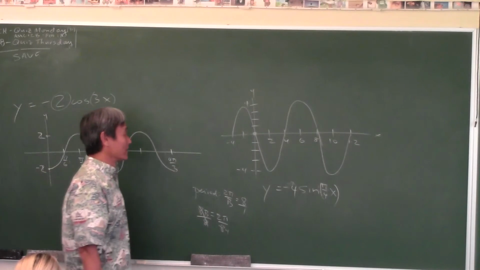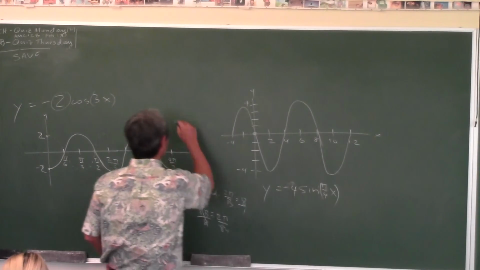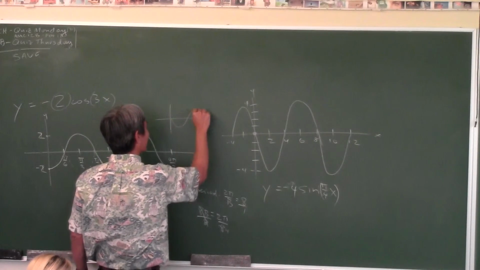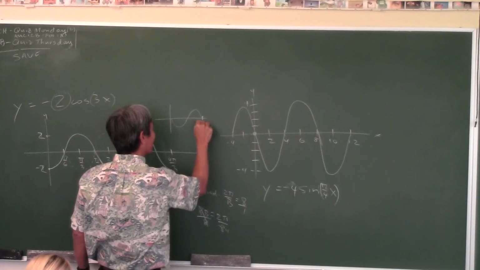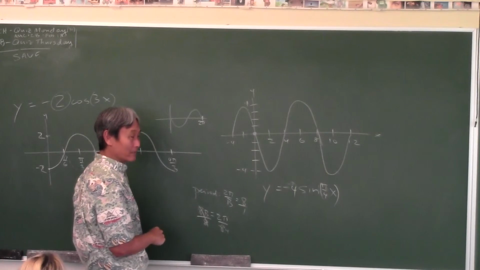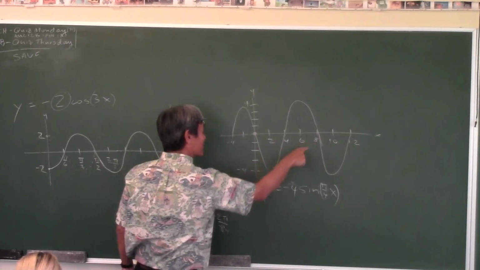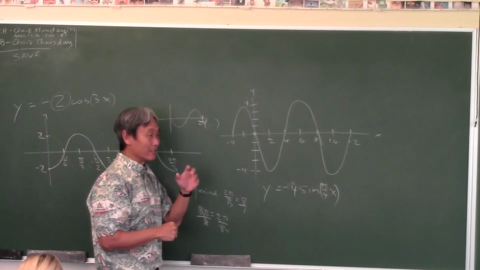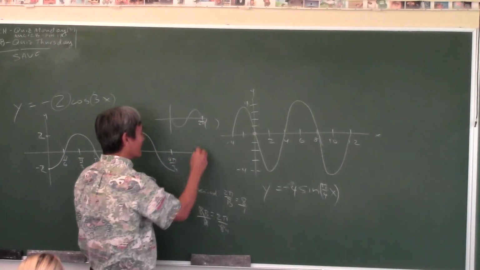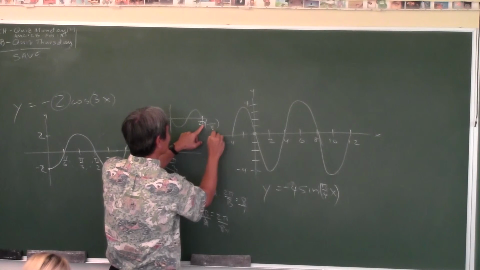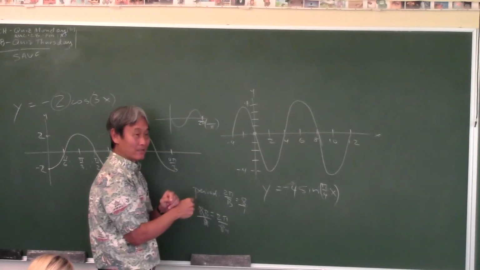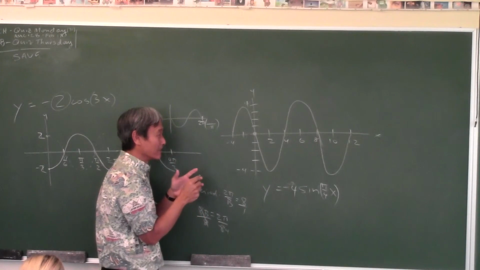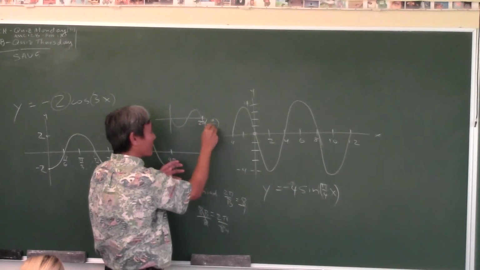Now, that's one way to do it. The other way to do it is, now, if this were a normal sine graph or a negative sine graph, let's do it this way. Normally, this would be 2 pi, right? Over there, right? But it's 8. So you got to figure out, what do I need to multiply that by to get 8? Well, first of all, there has to be a pi in the denominator so you can cancel it out. The pi's off, right? So what has to go up there to get 8? 4, right? Because 2 times 4 is 8.